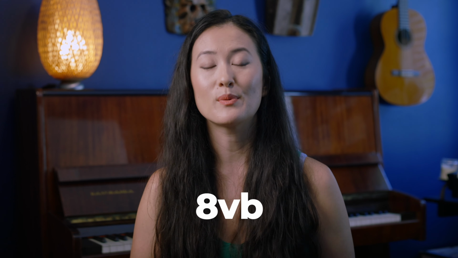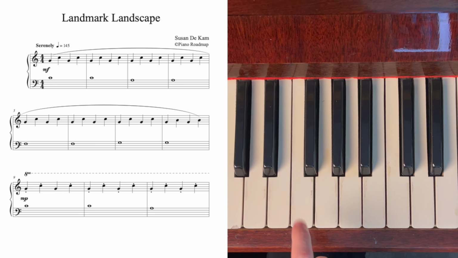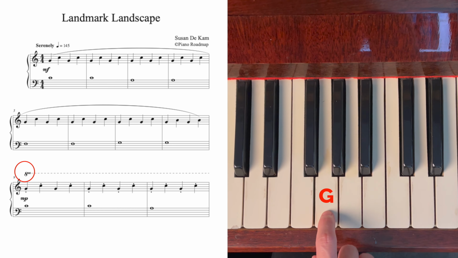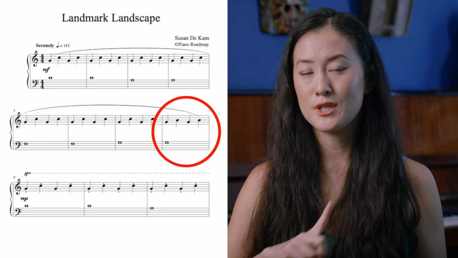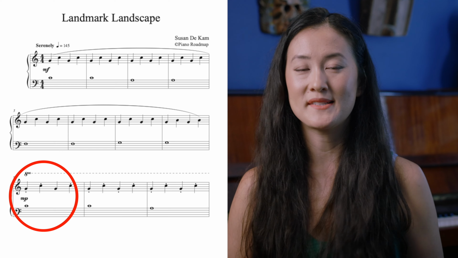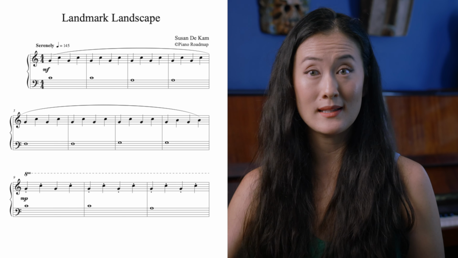You'll also often see 8VB, and it means to play an octave lower than written, and you'll see it written below the notes. So treble G is what's written. When I see an 8VA, then I know I have to move my right hand up an octave. The tricky part will be coming from measure 8 to measure 9 without missing a beat, because you've got that big leap there.